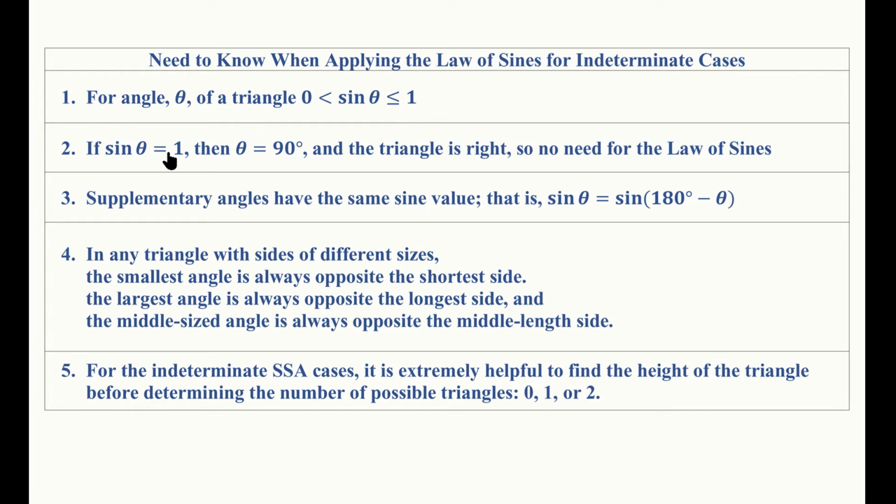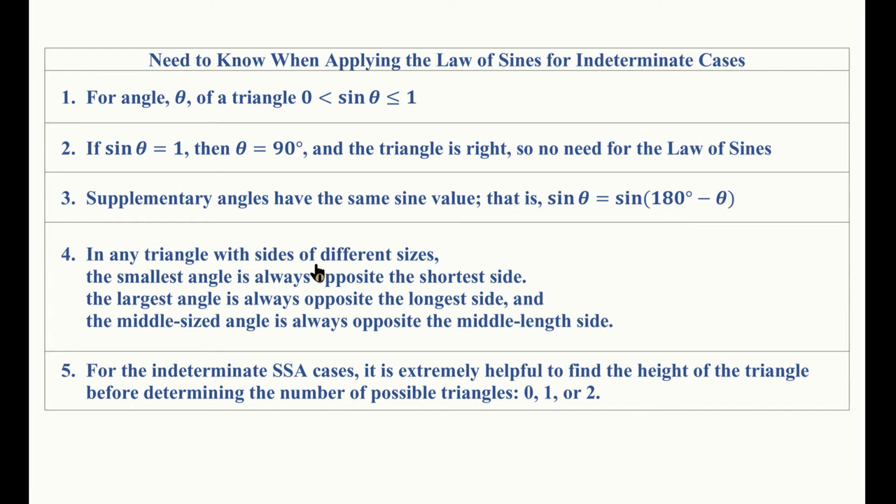Now, if it is 1, of course, the angle is going to be 90 degrees and you have a right triangle, so there's no need for these laws. We already know how to solve right triangles. Supplementary angles have the same sine value. That means the sine of an angle and the sine of its supplement are the same. If you look at the unit circle, you'll understand this very clearly.